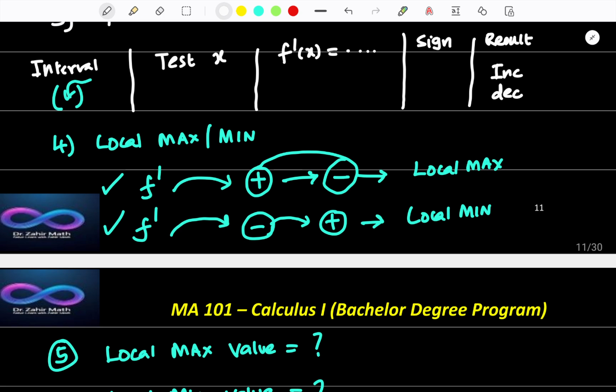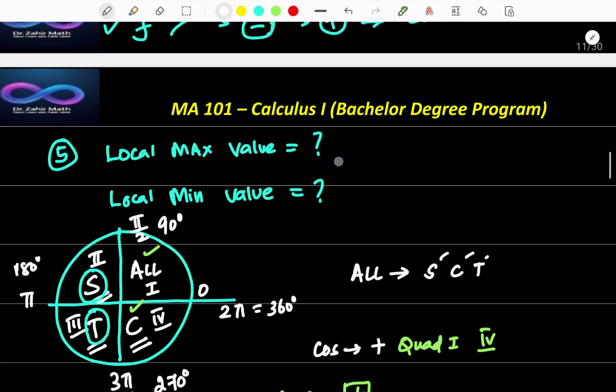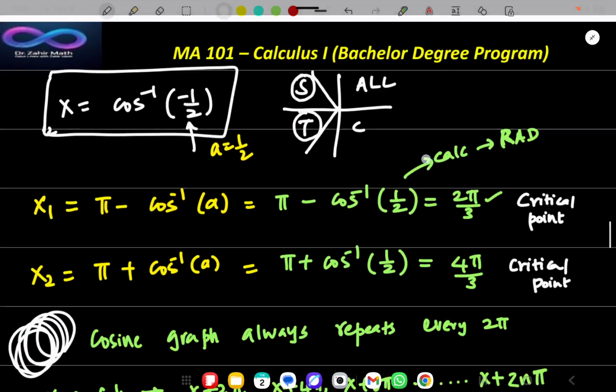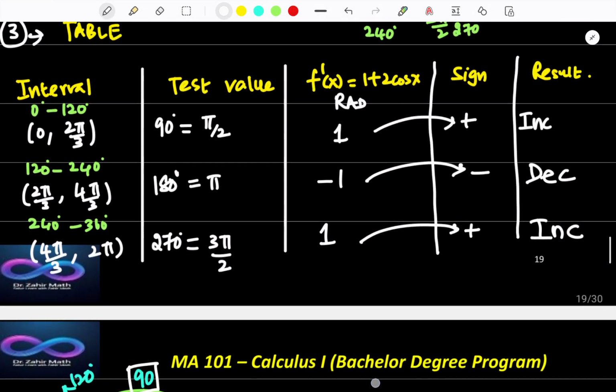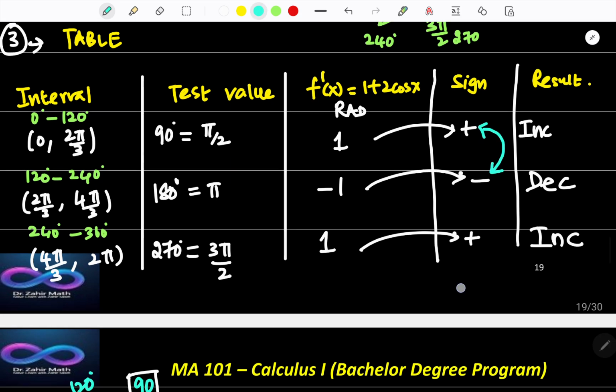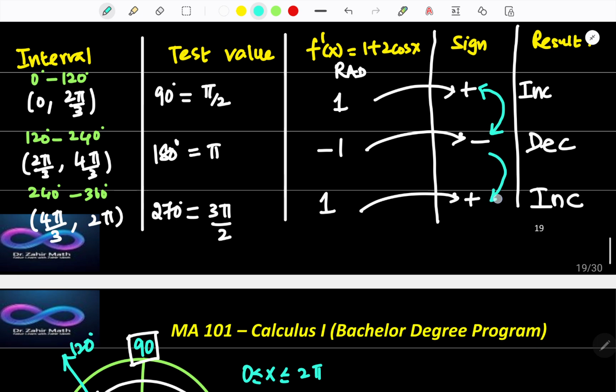If f dash changes from negative to positive, it is a local minimum. Clear everybody? Look at your f dash now. Positive to negative, where is it changing? Look everybody, it is changing from positive to negative here, and then it's changing from negative to positive. Clear all of you?